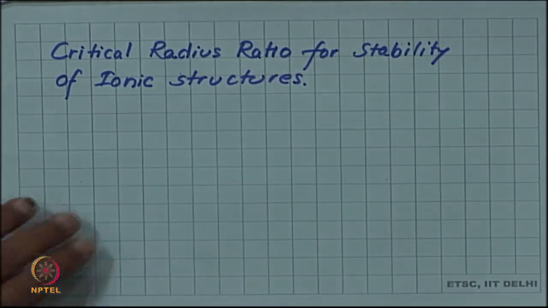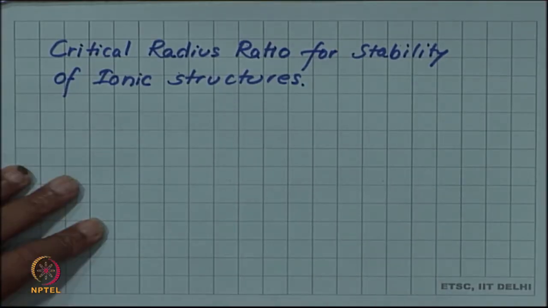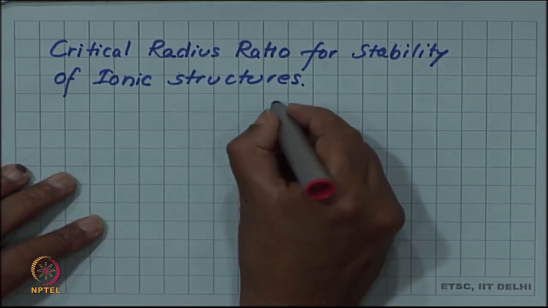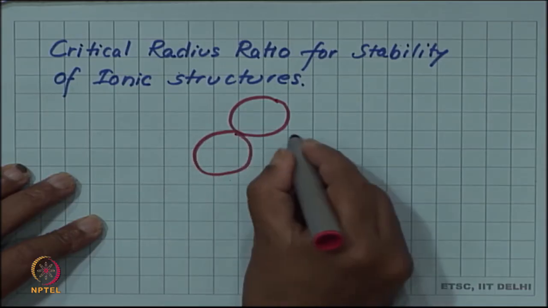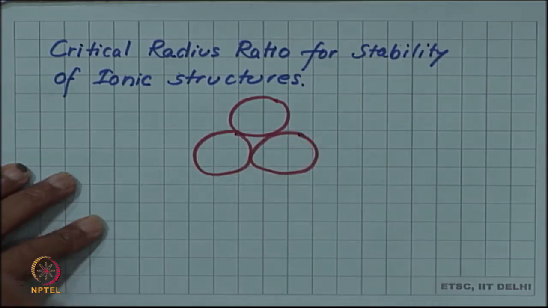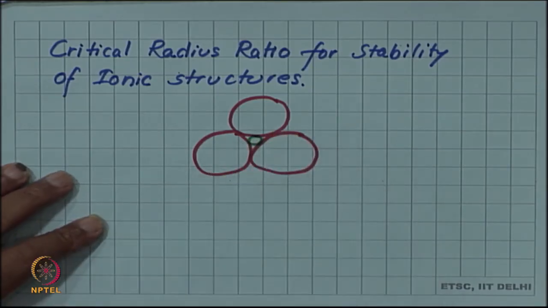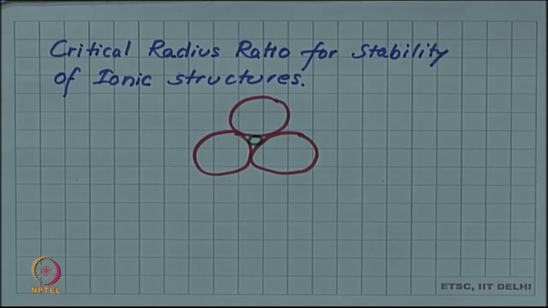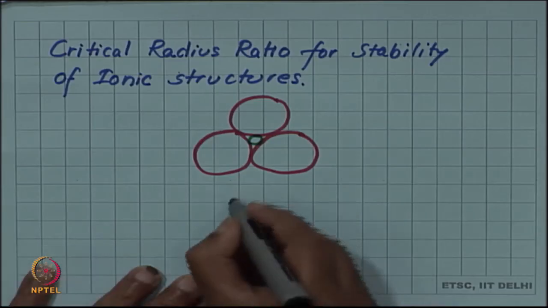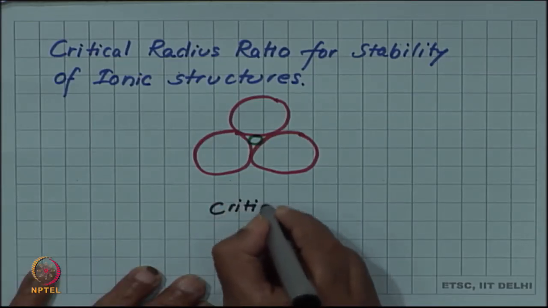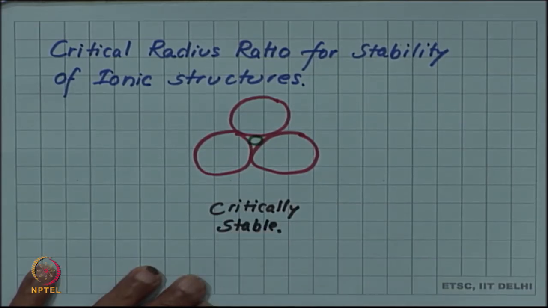And what is that critical? Let me draw it again, we have already seen that in a situation like this, where the central cation just touches the outside ion, this is the critical situation. Critically stable.